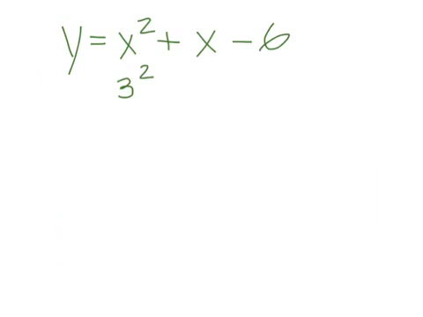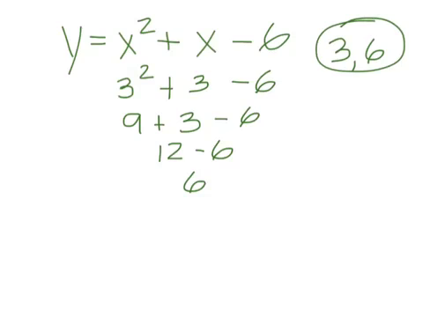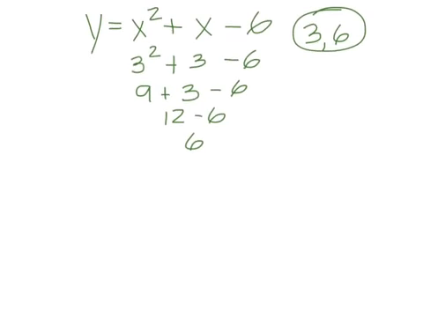We're going to put in 3 and get 3 squared plus 3 minus 6, which is 9 plus 3 minus 6. That gives us 12 minus 6 for a value of 6. So we put in 3 for x and came back with 6. There's a point. And we also determined that we would need negative 4 as well.